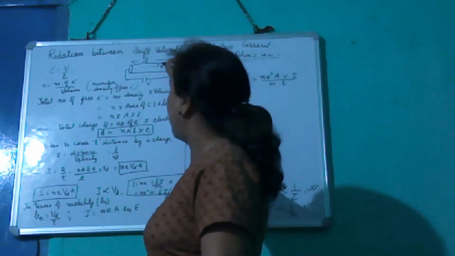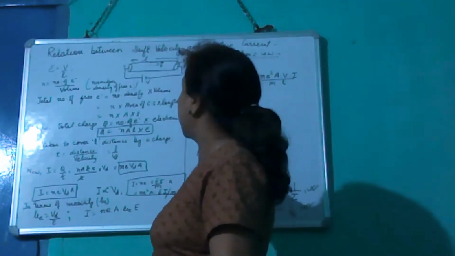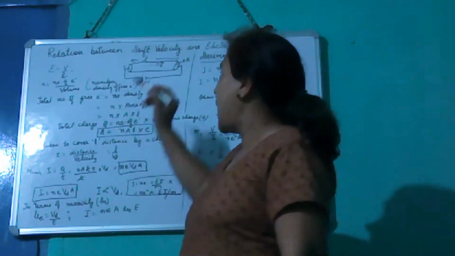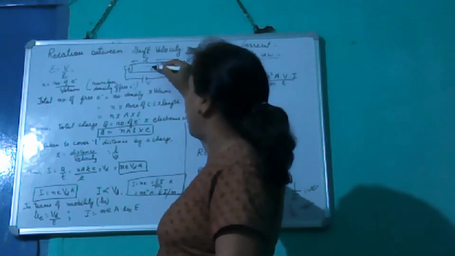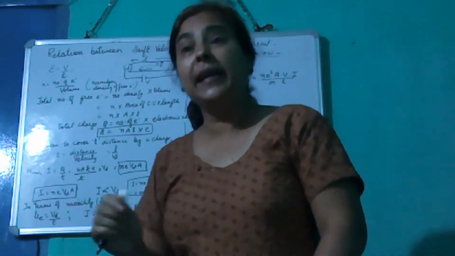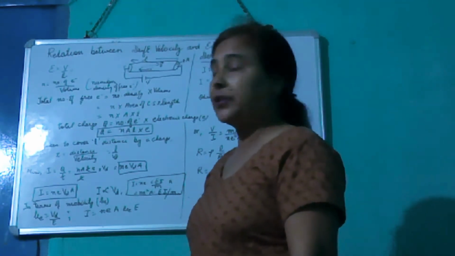This electric field is in this direction. This is positive and this is negative. So, from positive to the negative direction, and electrons will start moving from here to here. All this we have already learned about the drift velocity and its consequences.